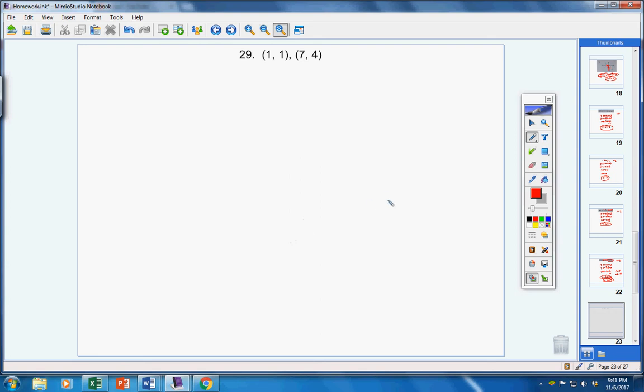Okay, students, first of all, let's find our slope. So, y minus y, that's 1 minus 4, x minus x is 1 minus 7, which would give you a negative 3 over a negative 6, which is negative over negative, that's a positive, and 3 over 6 is 1/2. So the slope will be a positive 1/2, okay? Now, we'll use this one here. Here's my model.